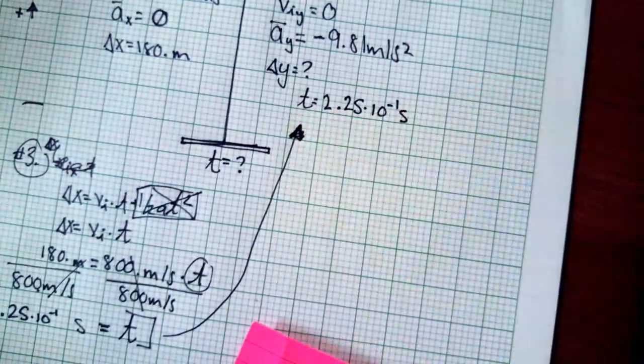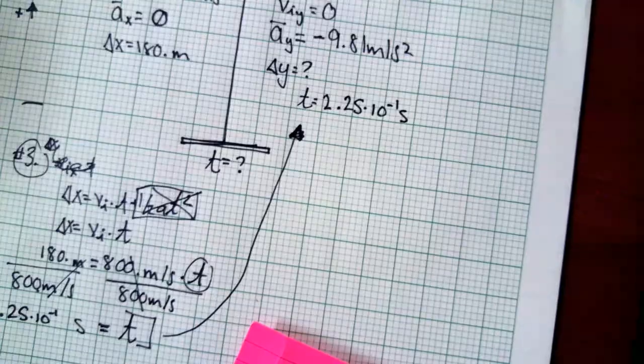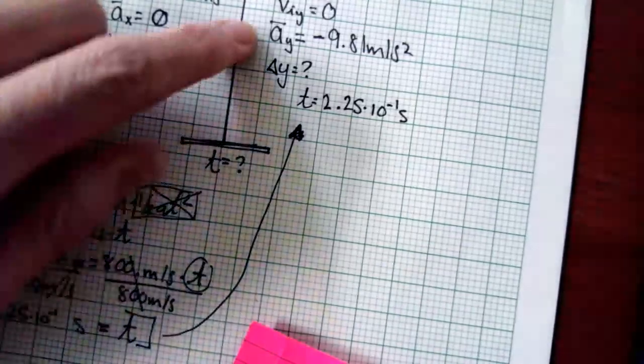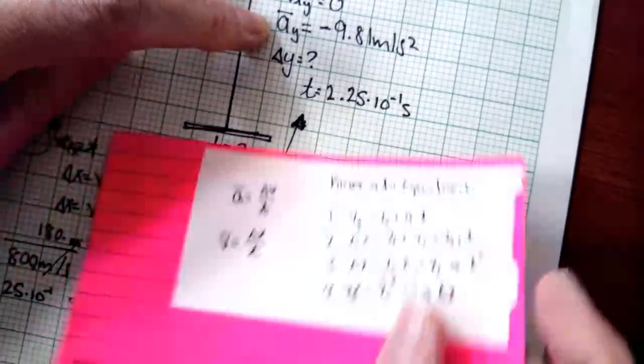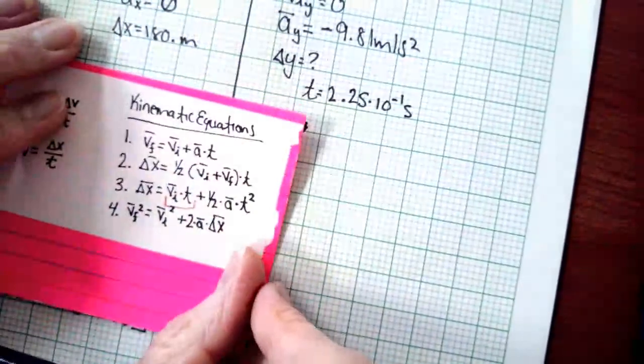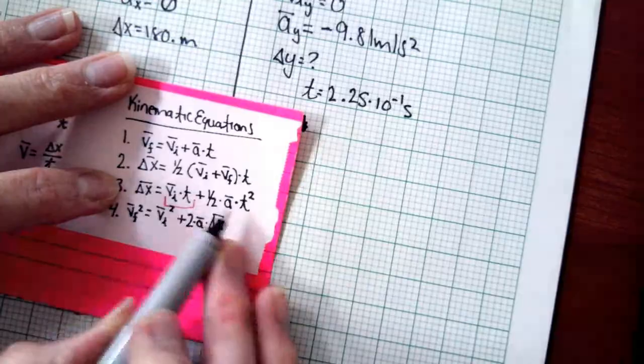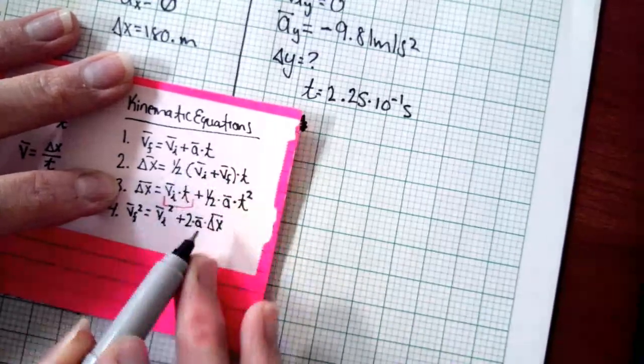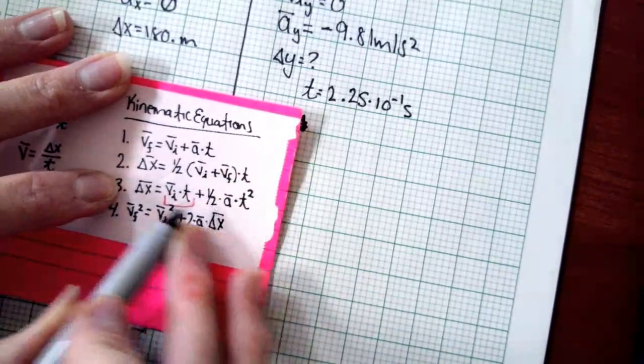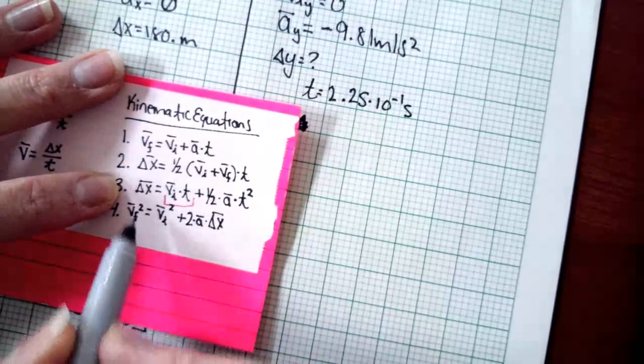Because you either need a v final to know how long it was up, or you need a time to know how long the acceleration was impacting it. So now let's look at the kinematics again. If v initial is 0, I'm jumping to this one because these have v final in them, and I don't have v final. I don't have to look for it. You could, but it's just an extra step you don't need to do.